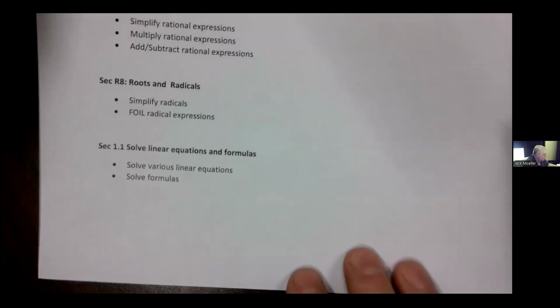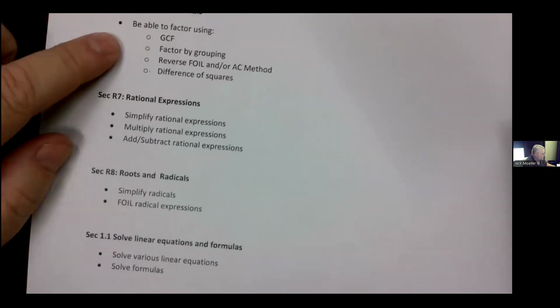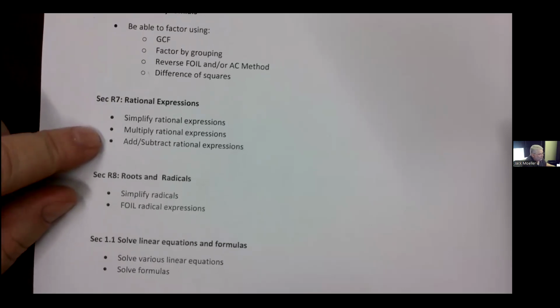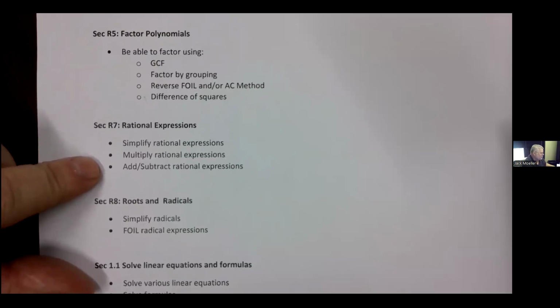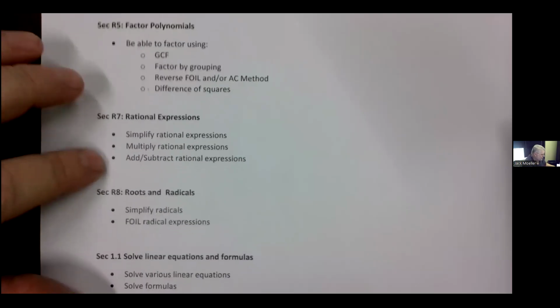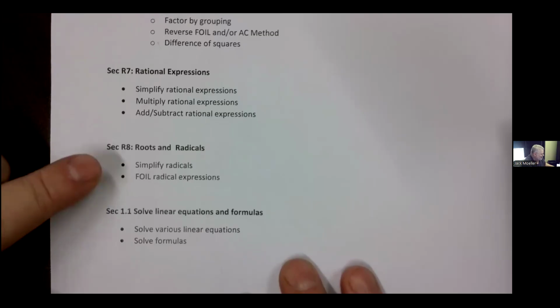Okay. What else? Since this is the first video for the semester, let's go through some of the other things. So definitely spend some time on factoring. Then we're going to do rational expressions, which are basically fractions and factoring at the same time. That's a fun section for a lot of people.